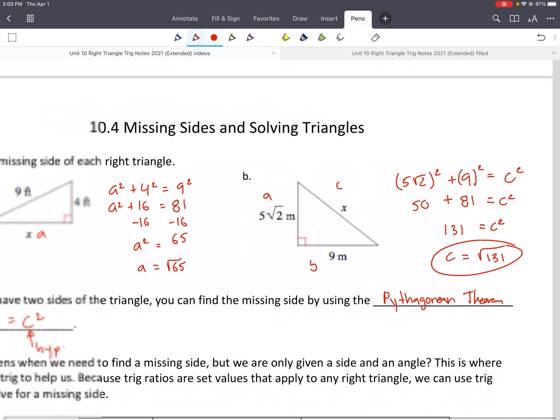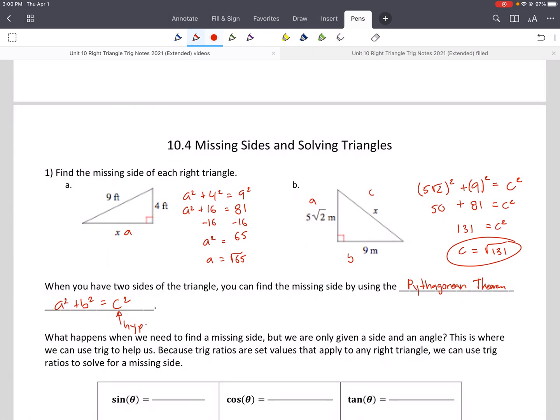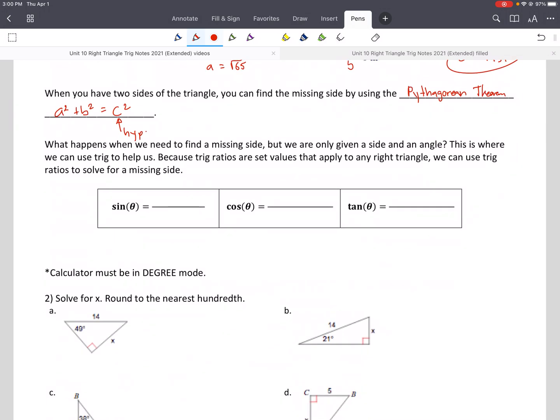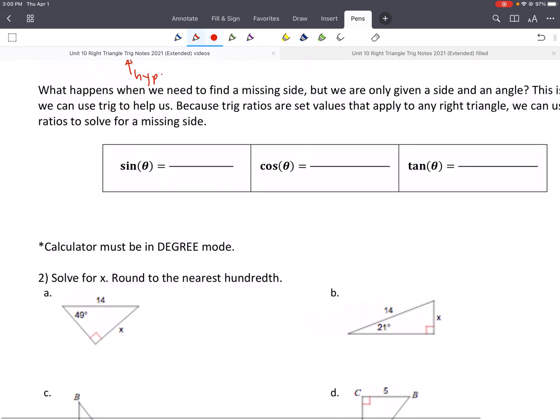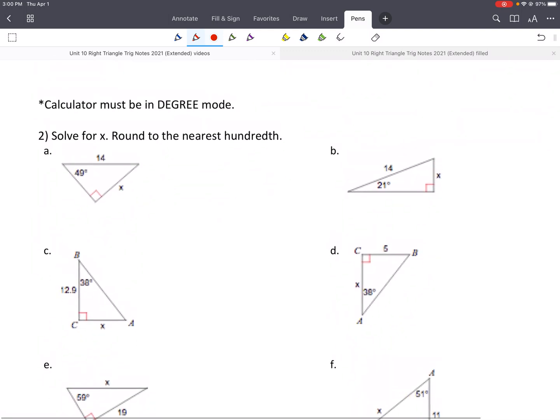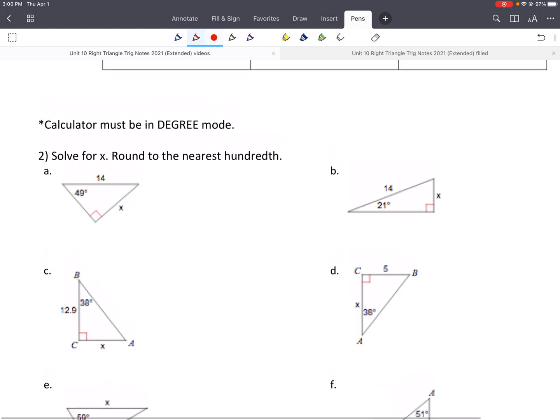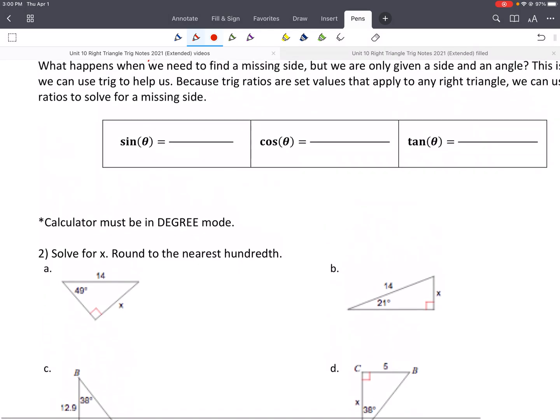All right? So that's nice when we have 2 of the 3 sides. But what happens if we have something like this where we are missing a side? All of the problems we're going to be covering are where we have one side given, and we have a reference angle, and we know the degree for that, and we need to find the missing side.